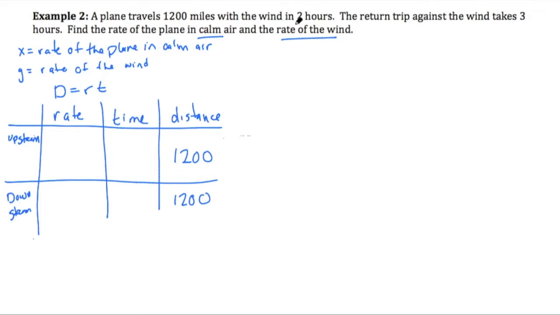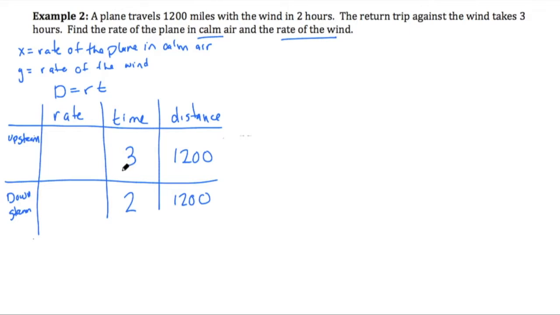They also here tell us the time. They tell us the time that it took to go downstream is going to be 2 hours. That's going downstream with the current. And the return trip against it takes 3 hours.